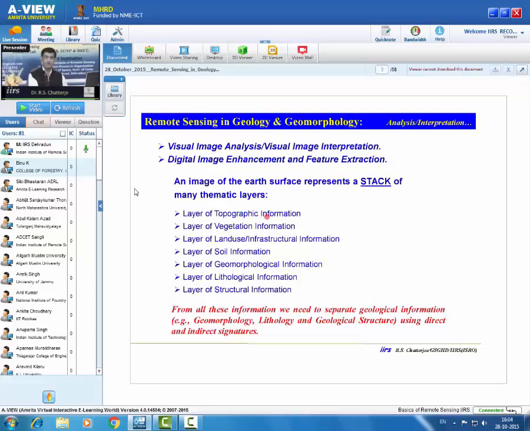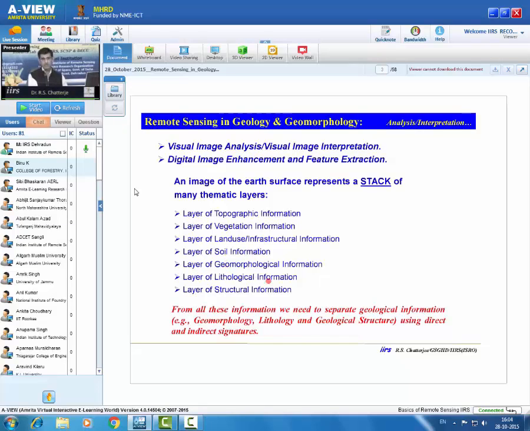Broadly, it gives you the topographic information and the reflectance. Along with the topography, it also gives you information about vegetation, land use, infrastructure, soil, geomorphology, lithology, and geological structure. So many layers are combined together in a single satellite image.